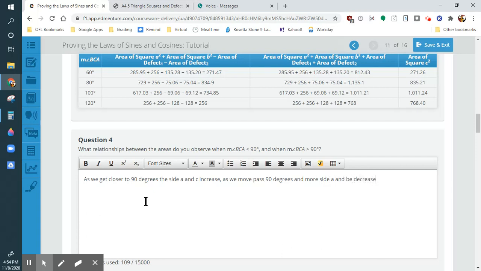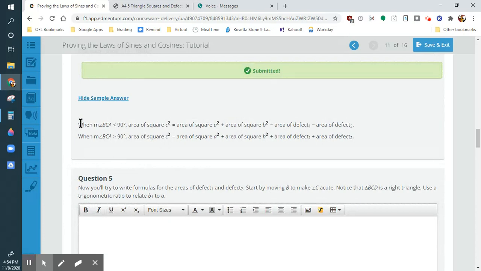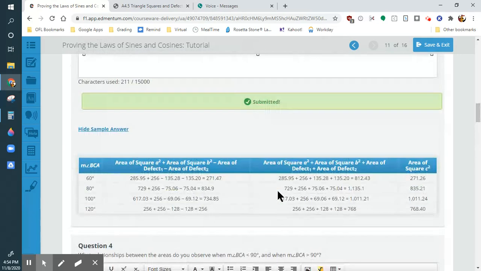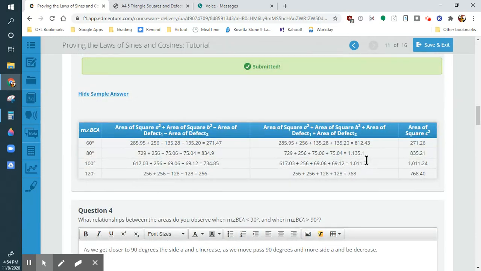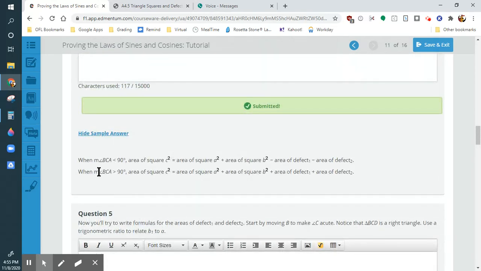So this is my assumption of how this is going to be. But when area of CA is equal to that, when it's less than, okay, this is weird. Okay, so when it's less than 90 degrees, it's saying that these are equal, but when it's greater, they are not equal. Oh, I see.